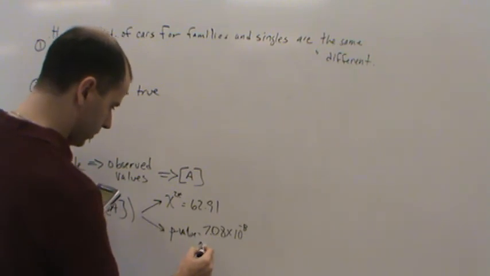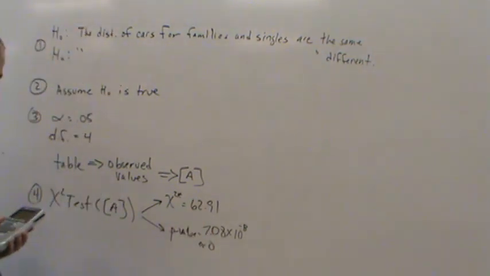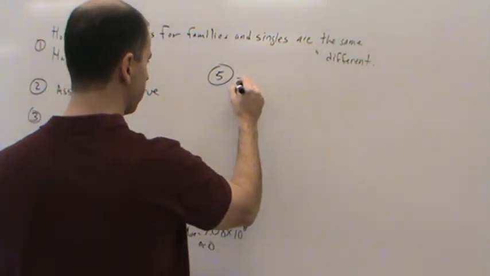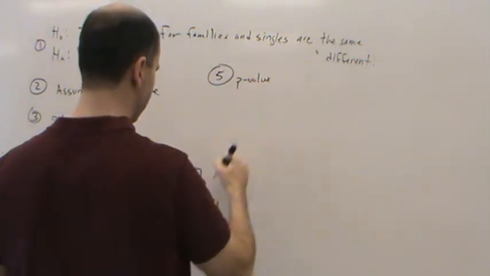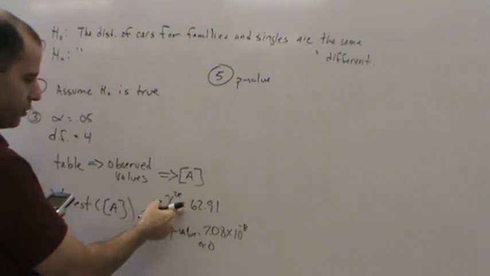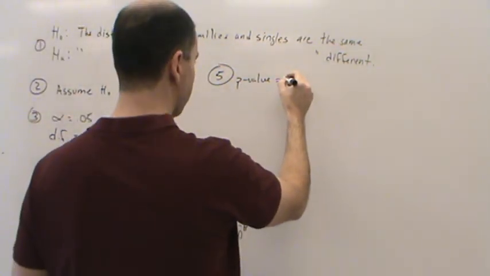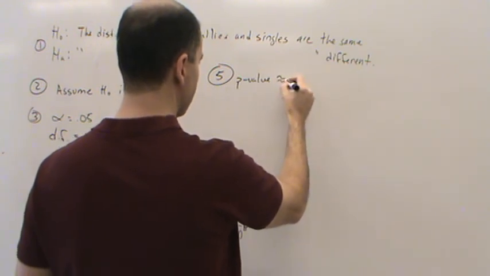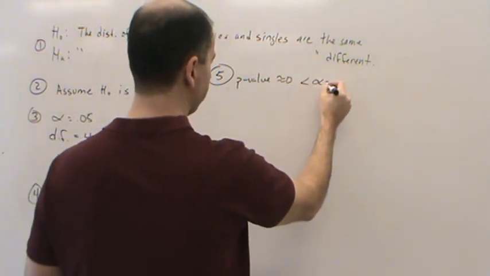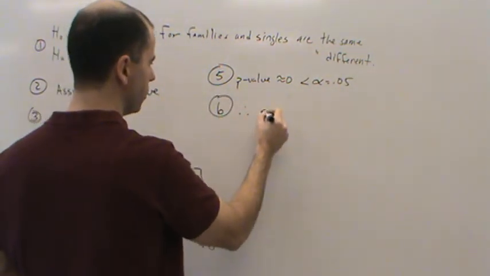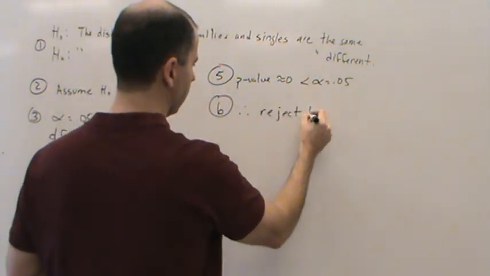So again, essentially 0. So again, the result of our test, or our comparison rather, is going to be the p-value. Again, you could do the chi-squared, the traditional method, but p-value is a lot easier. So p-value is essentially 0, which is less than alpha equal to 0.05. And so again, we are going to reject the null.